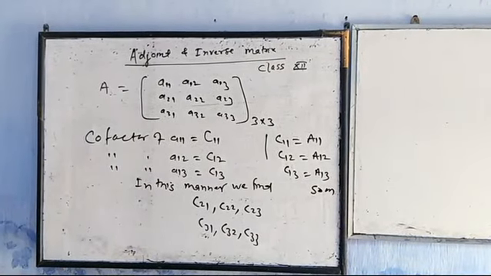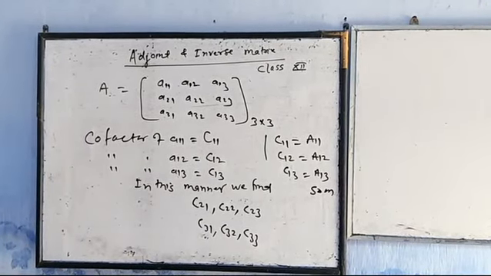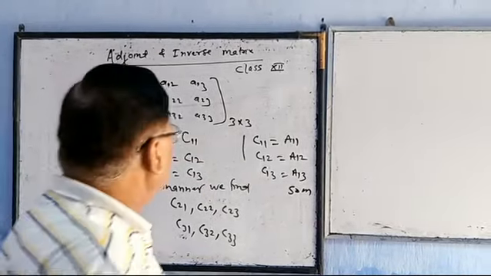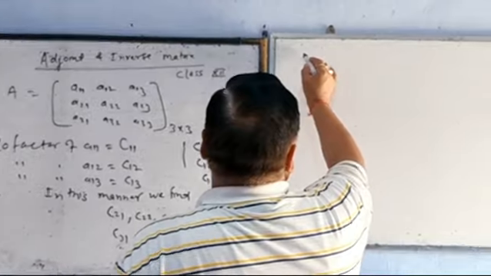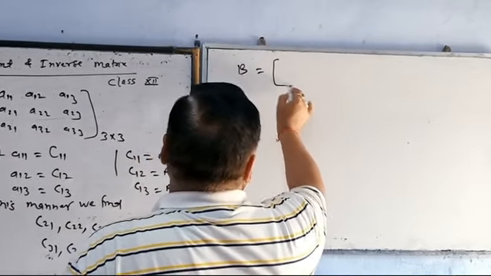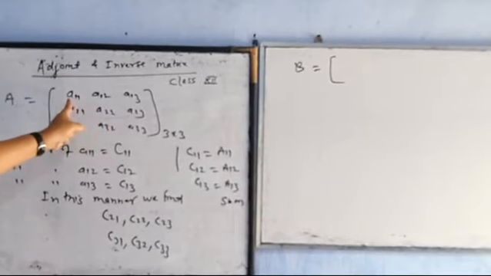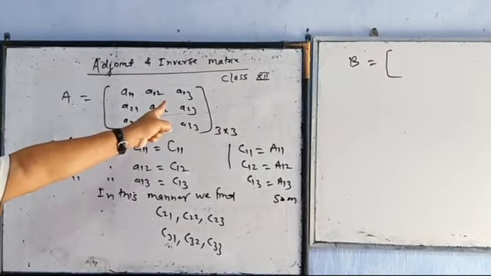This symbol is also given in other books. So we find a matrix B by taking the cofactors: the elements are replaced by their cofactors.